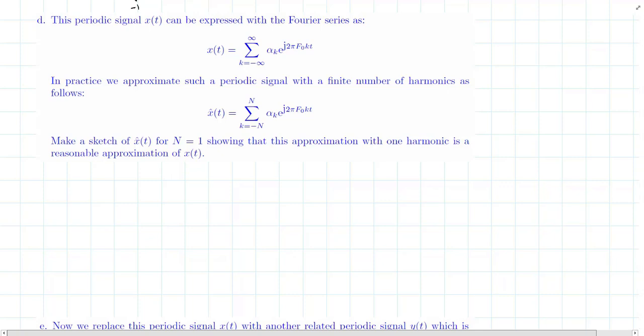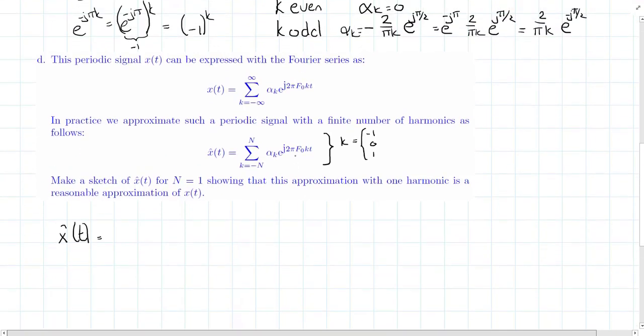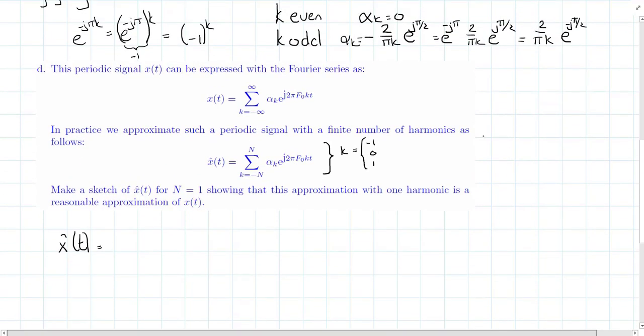So what we will do is we will approximate x of t with the approximated function, so x hat of t, for n is equal to 1. So if n is equal to 1, we have k is equal to -1, 0 and 1. So we have to keep these three values in mind. If we look at things we calculated before, we know that our alpha k for k is equal to -1 is equal to 2 over pi e to the power minus j pi over 2.